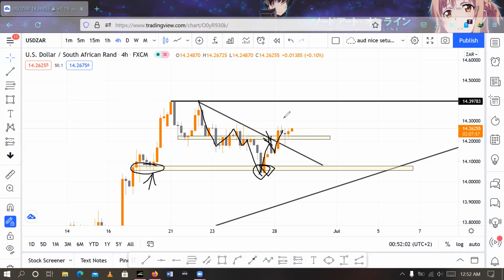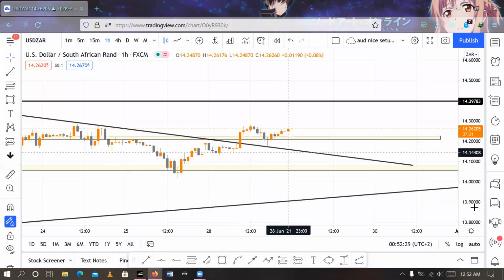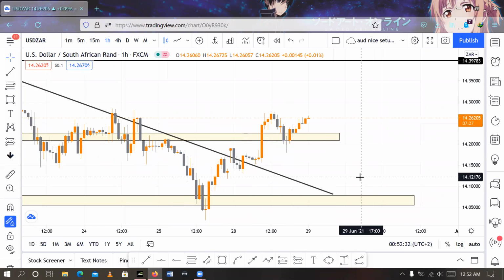This long candle here is also forming a push to the downside on the lower time frames, which we will also look at right now. Like I said in the previous videos, we are not looking for selling opportunities at this moment on USDZAR, as it is in an uptrend.